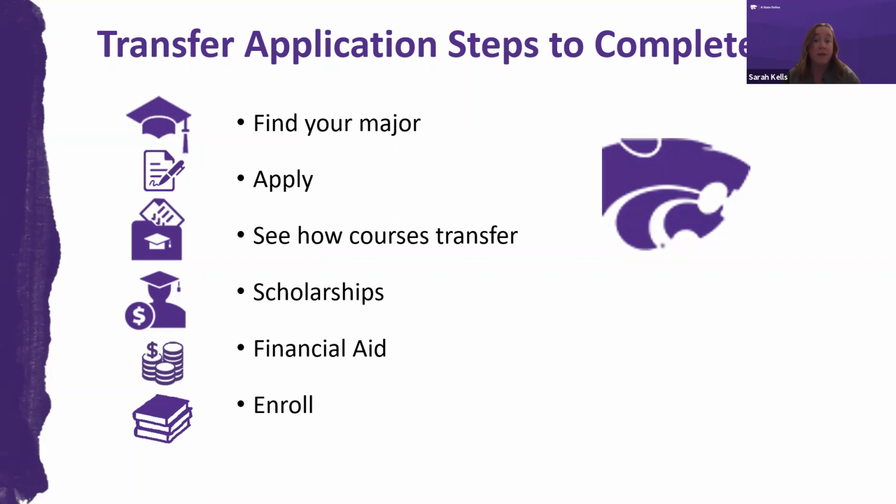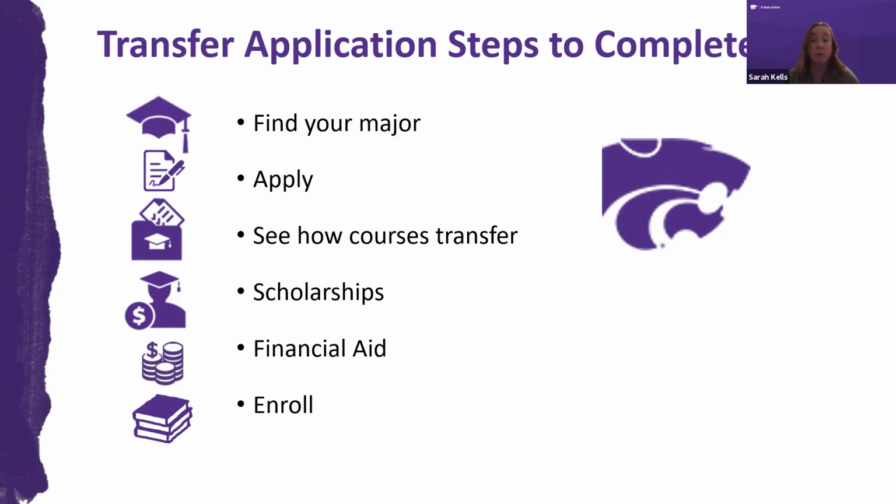Financial aid, scholarships can't always cover everything. So financial aid, if you're applying for that, helps utilize federal and state funds in addition to those scholarships. So we'll be able to help you through those steps and through that process as well.